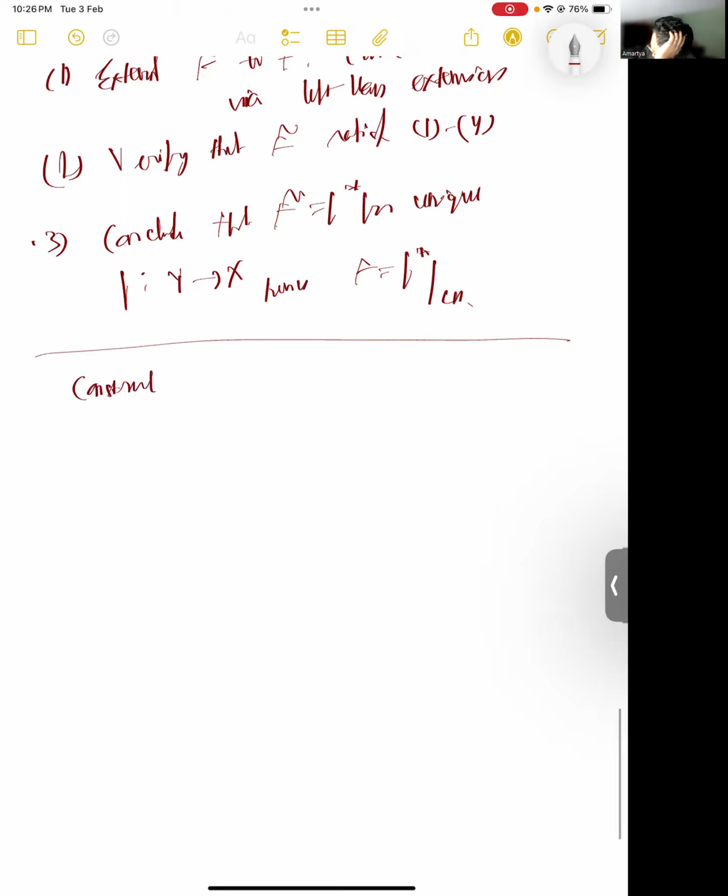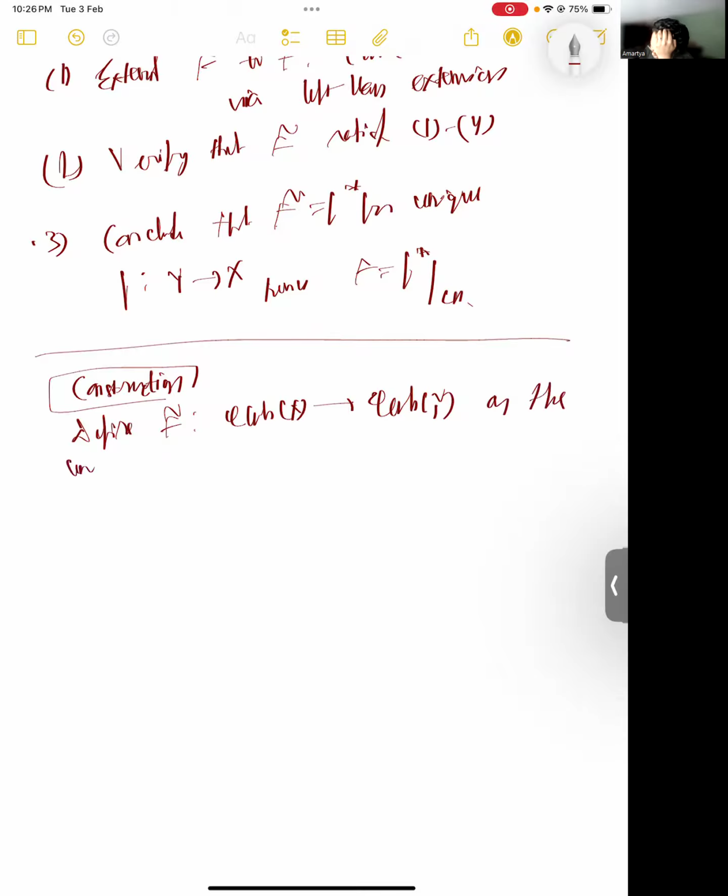So, construction. Define this F tilde from QCoh X to QCoh Y as the unique colimit preserving extension of F along the inclusion.